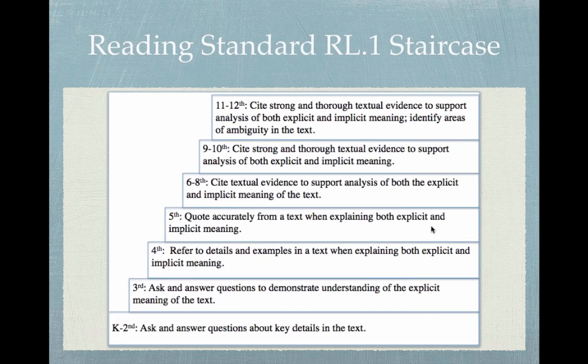By third grade, they're not only asking and answering questions, but they're starting to demonstrate some basic understanding of the explicit meaning of text. By fourth grade, they need to start referencing specific details and examples, and learning, okay, this is explicit, this is implicit. Can we start drawing those out of the text, what's explicitly stated versus what's implicitly stated? By fifth grade, they're quoting from a text to explain both explicit and implicit meaning.